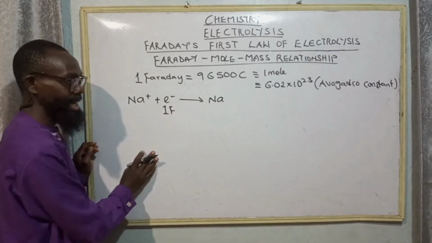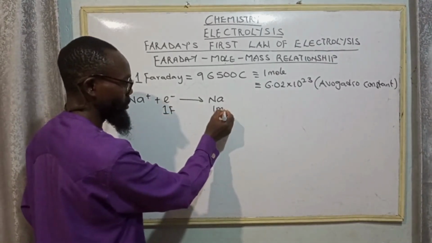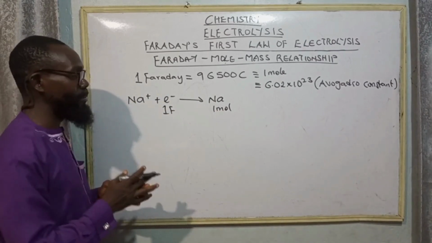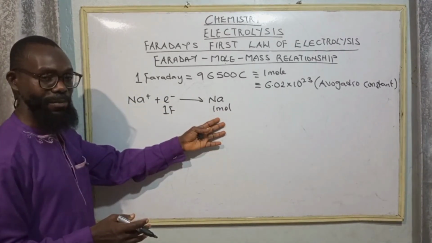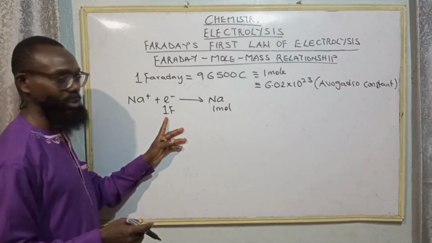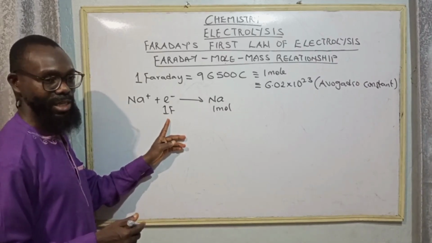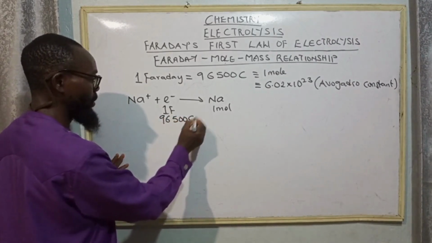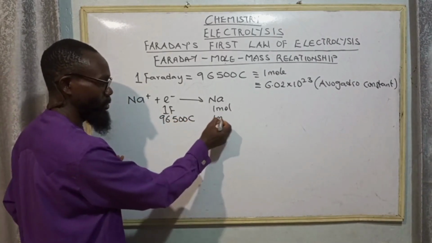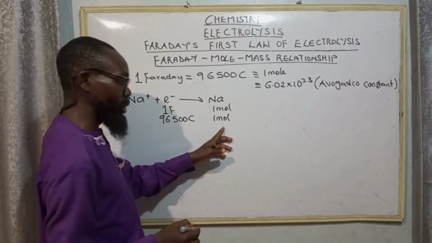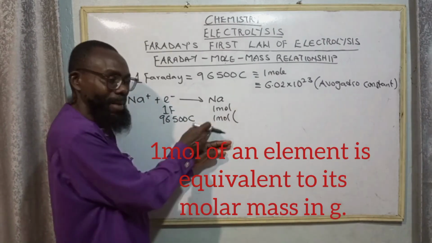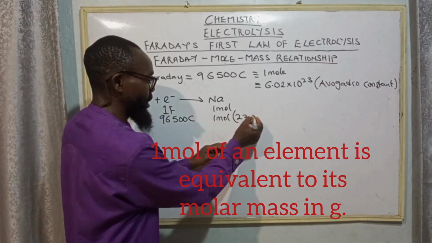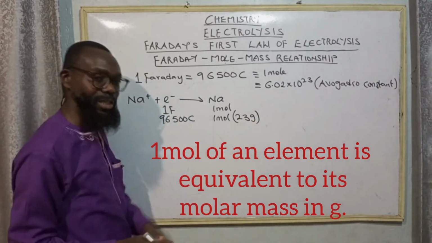This 1 Faraday here equals to what? 1 mole. So which means that the number of mole of sodium here is going to be equal to 1 Faraday, which is 96500. So this 96500 coulomb is equivalent to 1 mole. Likewise, this 1 mole also is equal to the molar mass of sodium, which is 23 grams per mole, or 23 grams.